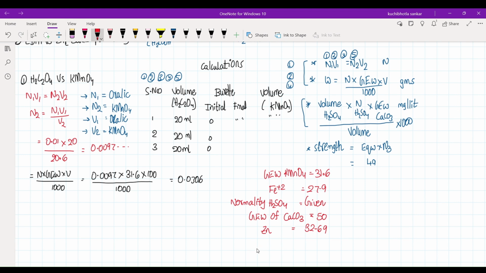And for the 5th experiment, lead acid, the equivalent weight, right? 49. So you can see there is a correlation: 31.6, 32.6, 50, 49 and 27.9. You can remember these things easily, and all the calculations and the calculation table procedure things will be completed easily.